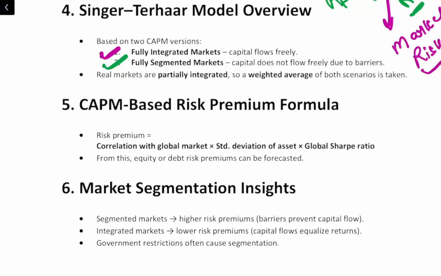So if I tell you, in reality, most markets are neither fully segmented nor fully integrated. Clear? No market is completely 100% free and no market is completely 100% segmented, that you have to remain within the nation. Clear? So now, suppose I am talking about my own nation.